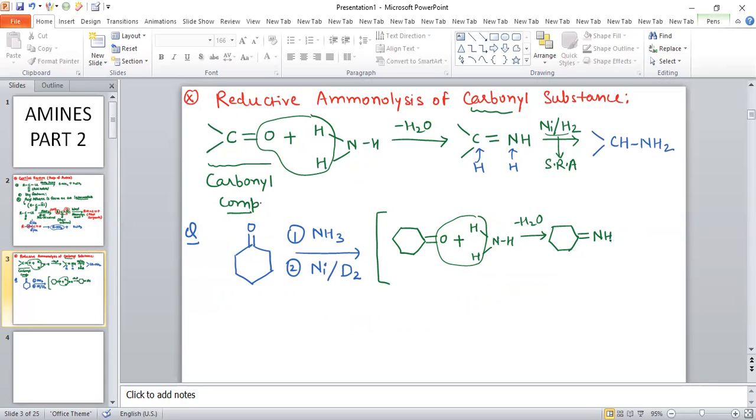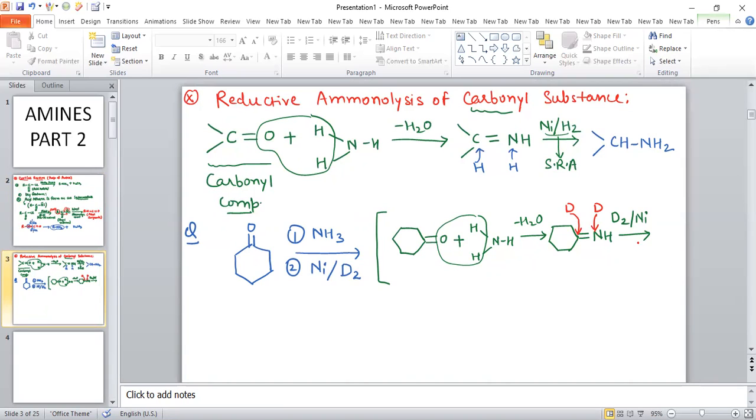Now what happens? Now D2 is added in presence of nickel. So instead of hydrogen, this time deuterium will be added on the carbon atoms and the double bond will convert into single bond.